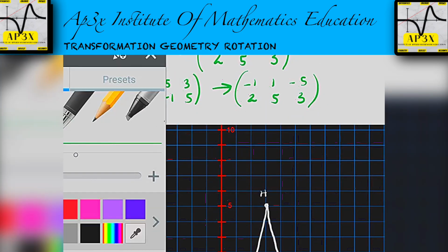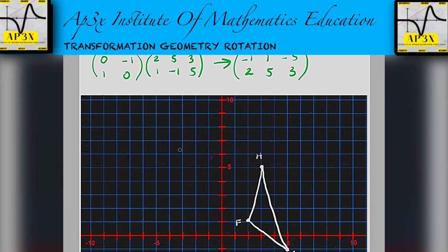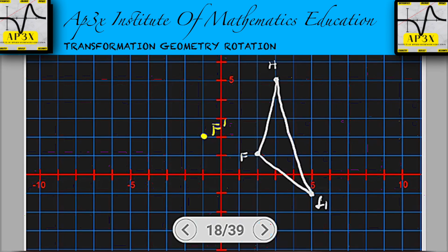So then we can go ahead and plot these points, and you're going to see that the object lands somewhere over here. So negative 1, 2, that's 1 to my left and 2 up. That's going to be my F prime. 1, 5, that's 1 to my right and 5 up, all the way up here.